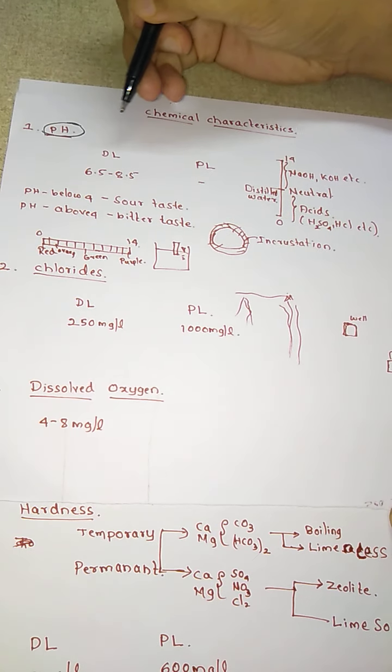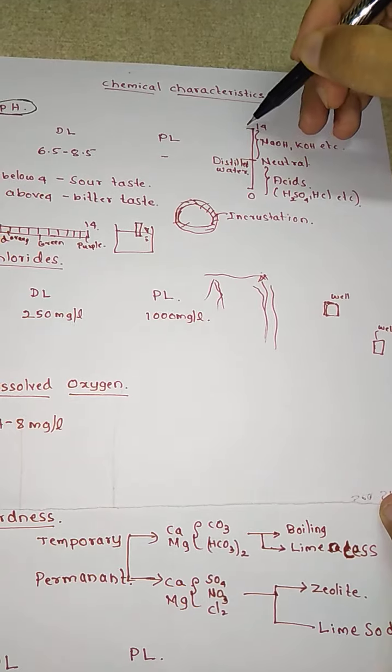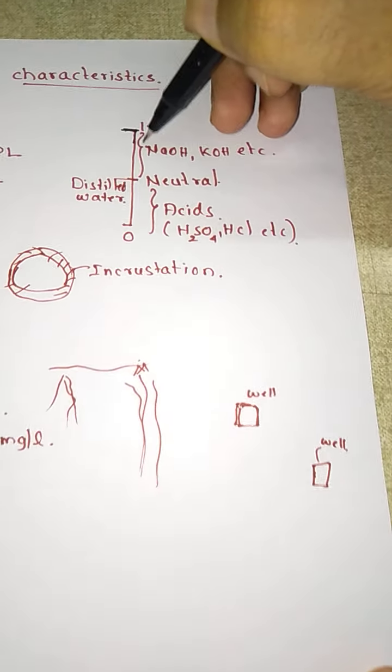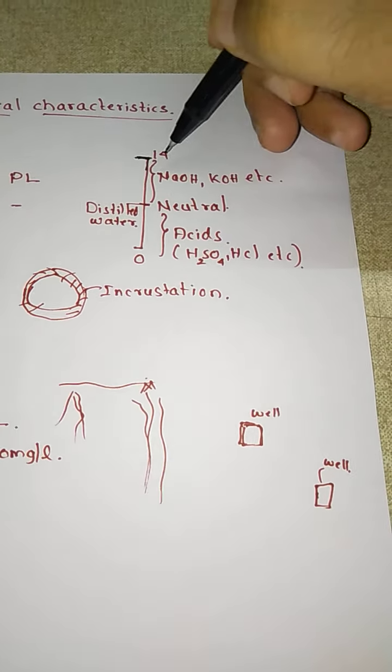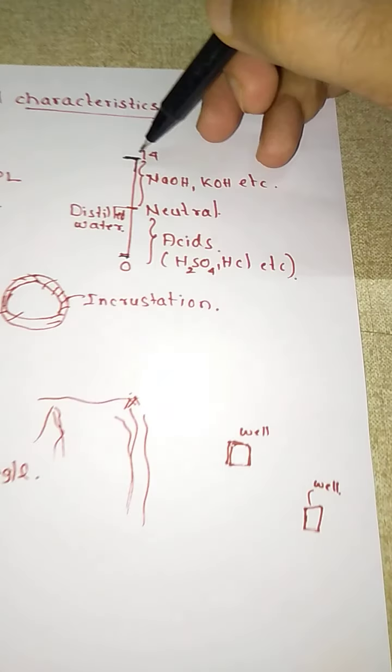So we are going to discuss the pH scale in this particular diagram. pH has values between 0 to 14.